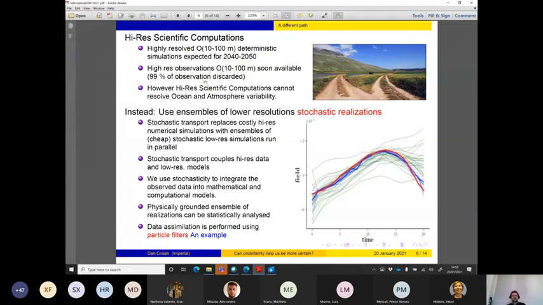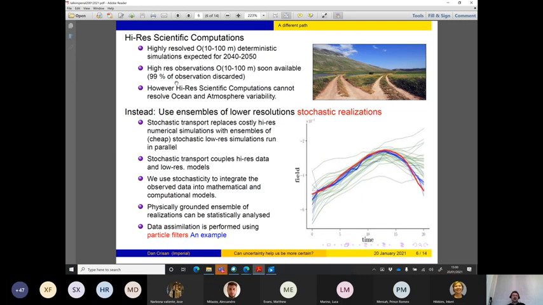And then on top of this, people will use better and better observations. The satellite observations will be better. Having said that, at the moment, 99% of the observations are discarded. So it's just about 1% of the observations that is used, for reasons that I don't want to go into. Obviously, we can discuss that separately.